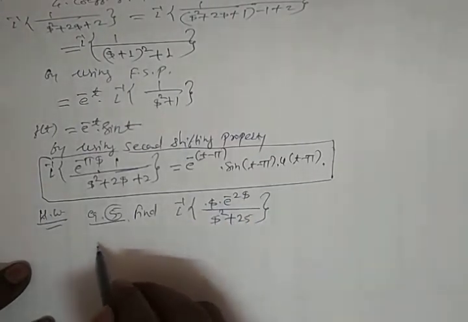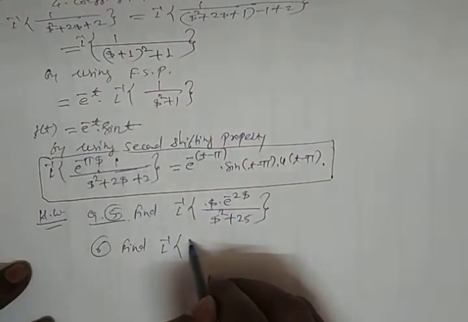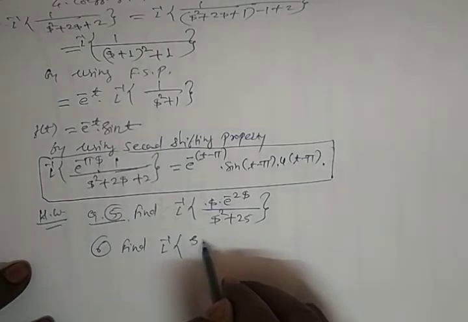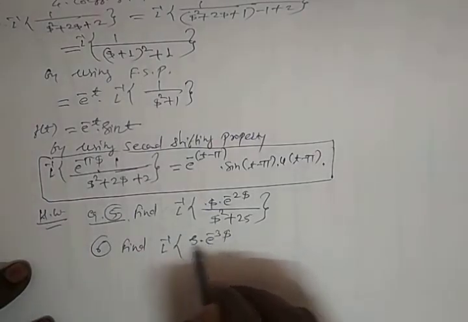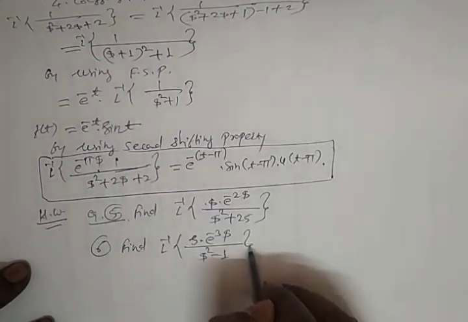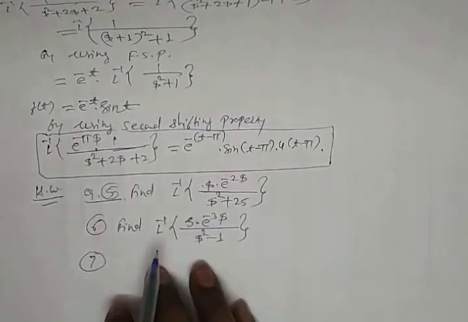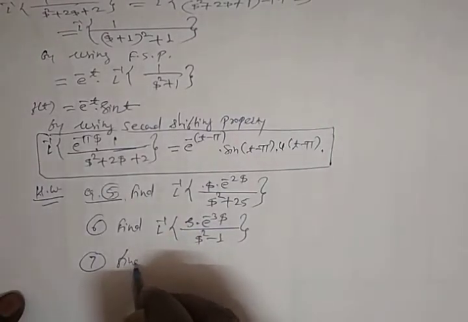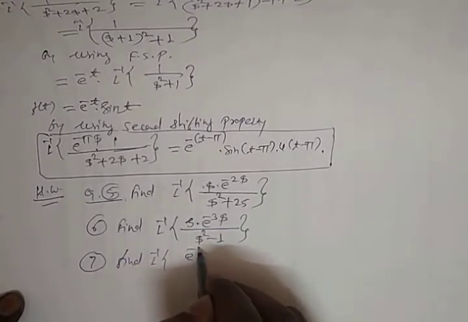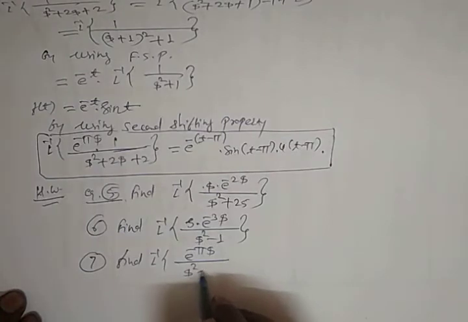Very simple question. 6. Find Laplace inverse of s into e raised to minus 3s upon s square minus 1. Again a very simple question. Next question. Find Laplace inverse of e raised to minus pi s upon s square plus 9.